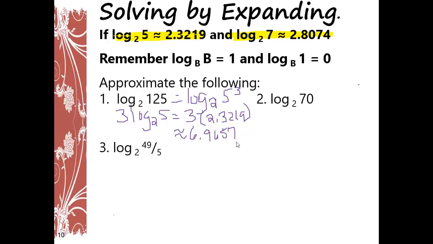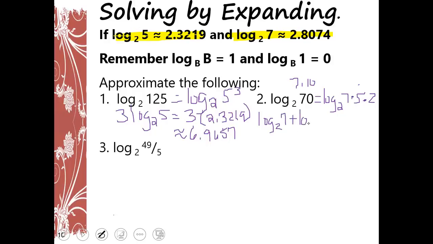I know that that can be log base 2 of 7 times 10, but 10 is 2 times 5. So 7 times 5 times 2. And I can write that as a sum of those 3 logs. Log base 2 of 7 plus log base 2 of 5 plus log base 2 of 2.